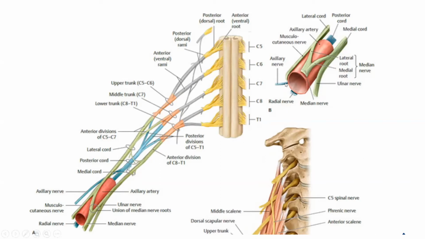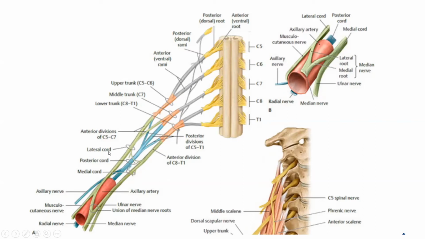This nerve innervates the deltoid muscle and teres minor. The continuation of the posterior cord is the radial nerve, which goes to the groove for the radial nerve on the posterior aspect of the humerus, and through this groove it passes the deep brachial artery as well. So those are the branches of the infraclavicular part of the brachial plexus.